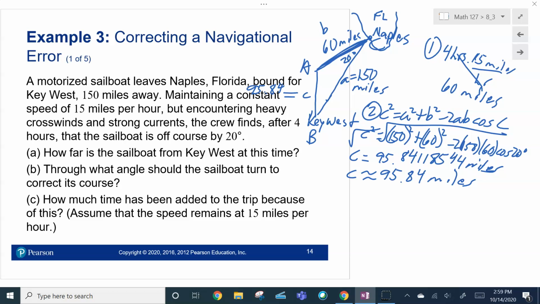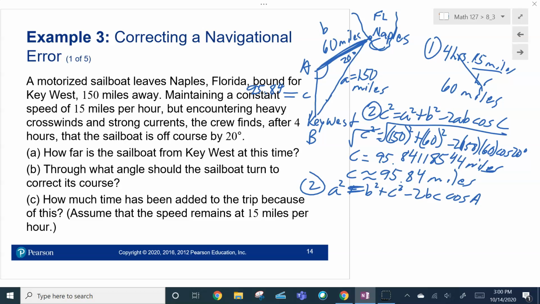B, through what angle should the sailboat turn to correct its course? So what we want to know is, what's our angle right here? What's angle A? So step 2, I'm going to use this one: a squared equals b squared plus c squared minus 2bc cosine A, to find angle A, which is our largest angle.